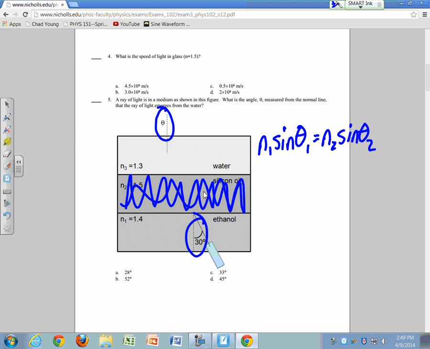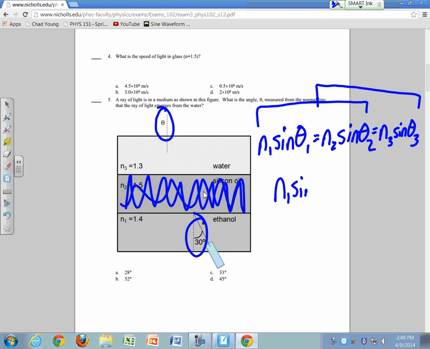That's the law of refraction. And then I can also say that n2 sine theta 2 equals n3 sine theta 3, right? That's also true. So if A equals B and B equals C, then A equals C. So I can say n1 sine theta 1 equals n3 sine theta 3.